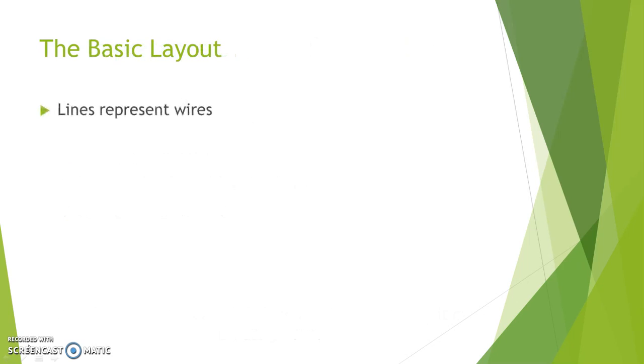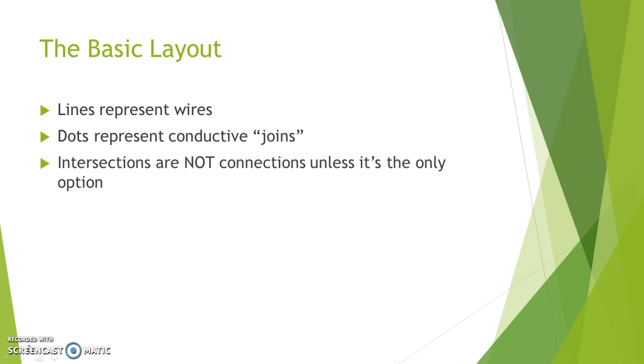So our basic tools to communicate schematics: lines, of course, represent wires, as we've talked about before. Dots on the lines represent conductive joints. They represent solder, right? And it's important to note that intersections between lines are not necessarily connections unless it's the only option available.